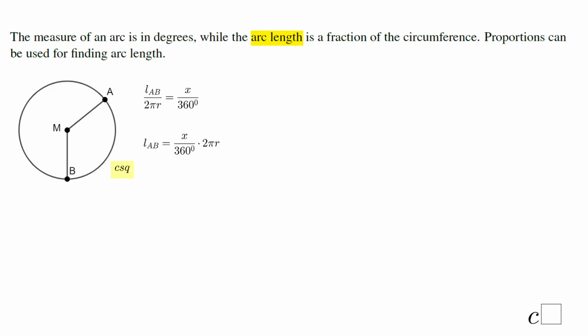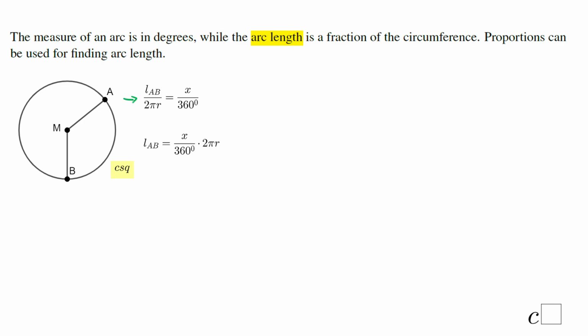In the next part we move to the arc length, and you notice here I said that while the measure of an arc is in degrees, the arc length is in centimeters, inches. It's a different unit. You have two formulas here, two ways in fact.